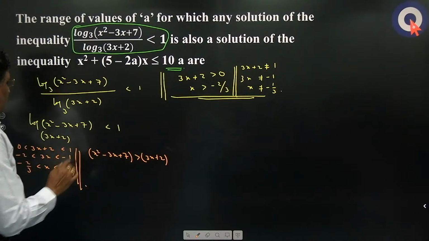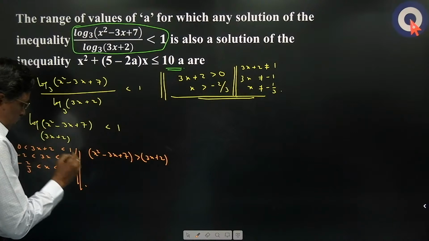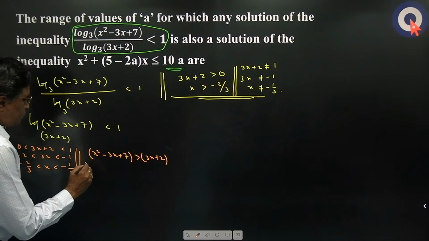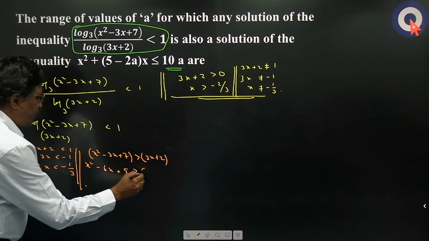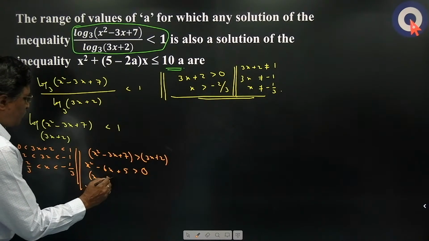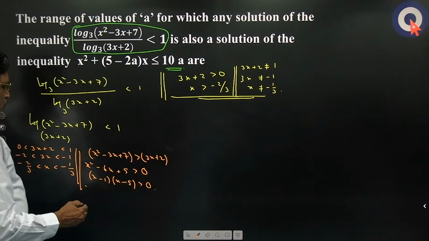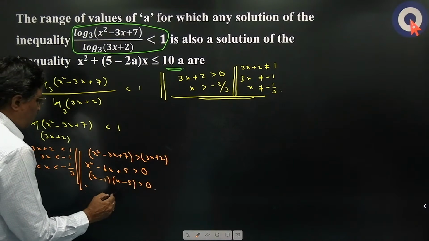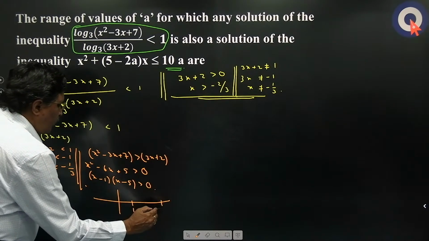The inequality symbol will be reversed because it's a decreasing function. So therefore, this is x square minus 6x plus 5 is greater than 0, and from this we get x minus 1 into x minus 5 greater than 0. So that means x does not lie between 1 and 5.